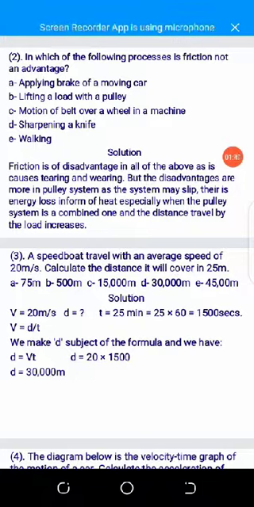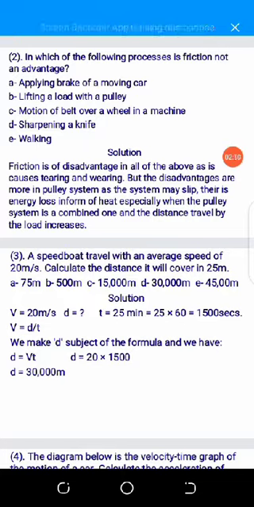In our solution, friction is a disadvantage in all of the above because it causes tearing and wearing, but the disadvantages are more in a pulley system, as the system may slip. That's the possibility of the rope or cable placed on the wheels slipping.